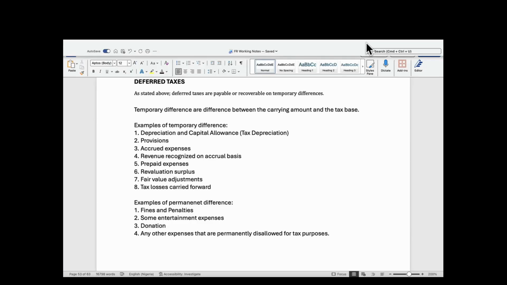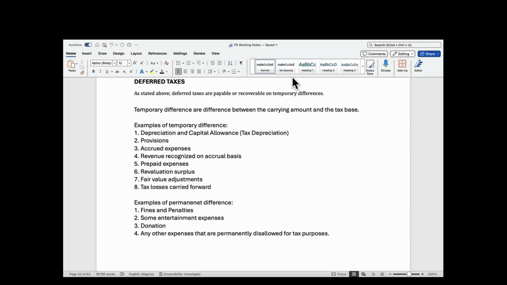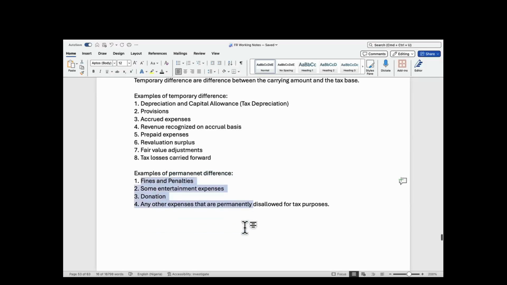We call that deferred tax. And those items that the taxman will not capture, we put them together in something we call temporary differences. And this needs to be differentiated from permanent difference, because those ones have no tax impact at all. So that's why I separated those ones.